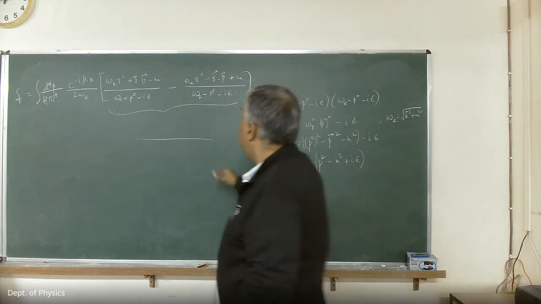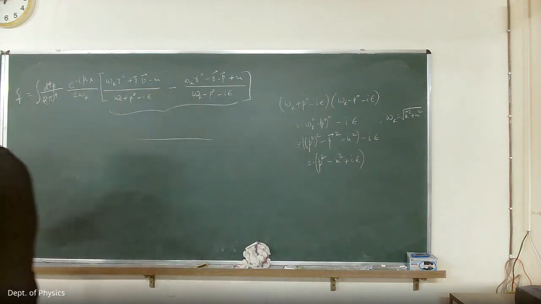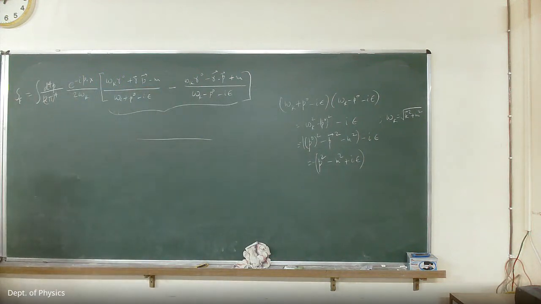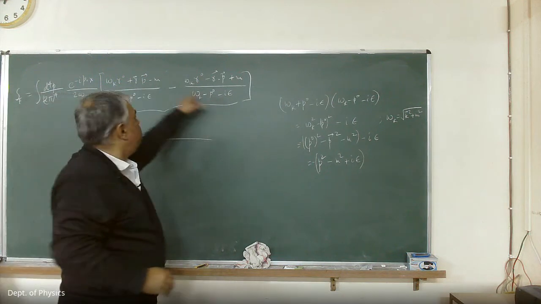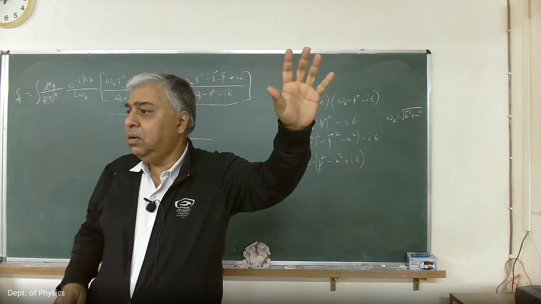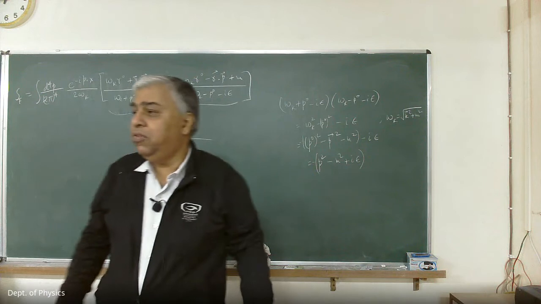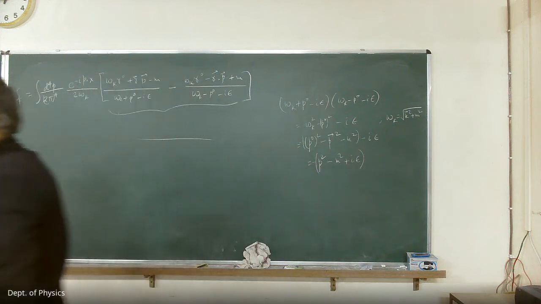There will be a term which will be proportional to epsilon. When you add this fraction, there will be terms which will have epsilon in the numerator. This term you ignore because it is infinitesimal.